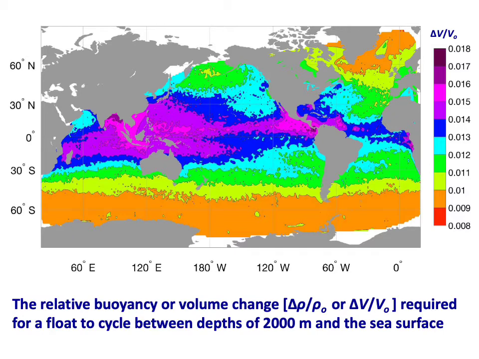As we get into the subtropics and then into the equator, the restrictions are much higher because the water is warmer, the deep water is just about as cold, so the amount of buoyancy change necessary to get to the surface is much more at low latitudes here. In fact, remember some of these floats were 0.14, 0.15, and that suggests here that near the equator, we're not going to be able to make it to the surface with those, and so we'll have to choose something else.